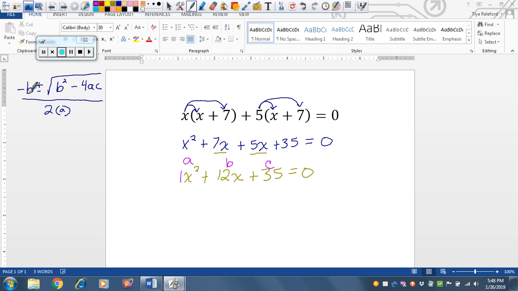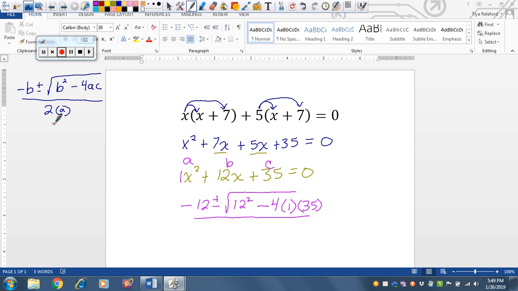So negative b, negative 12, plus or minus the square root of b squared, so 12 squared, minus 4 times a, which is 1 because there's no number there, times c, which is 35.